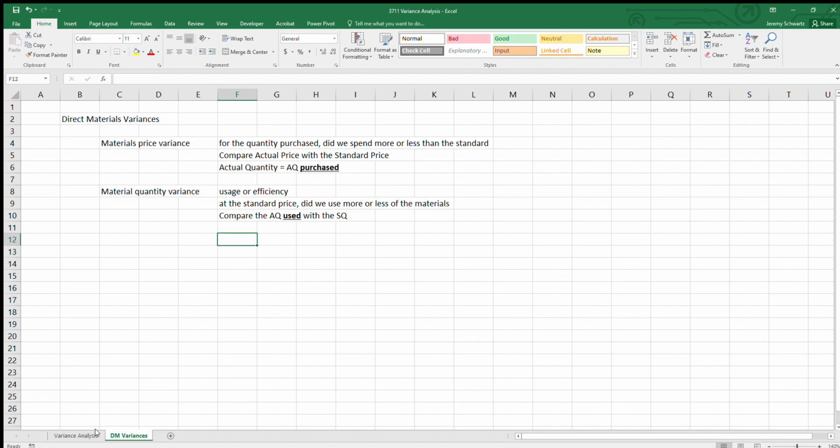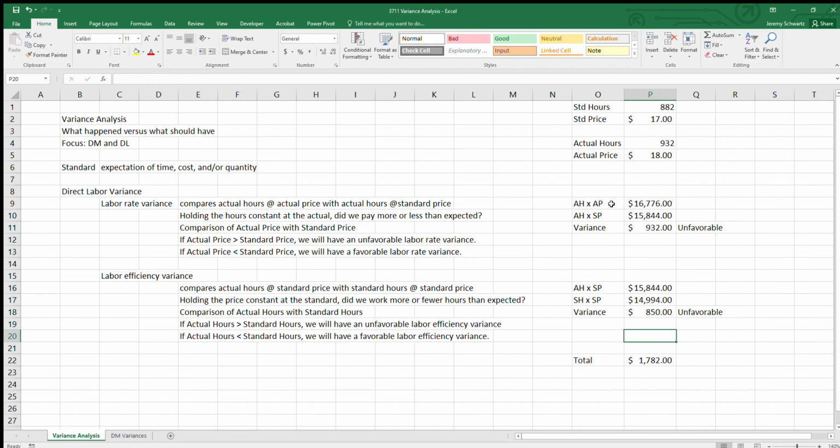So in comparison with the direct labor variances, just moving back here for a second, this actual hours at standard price, these two items right here are the same.